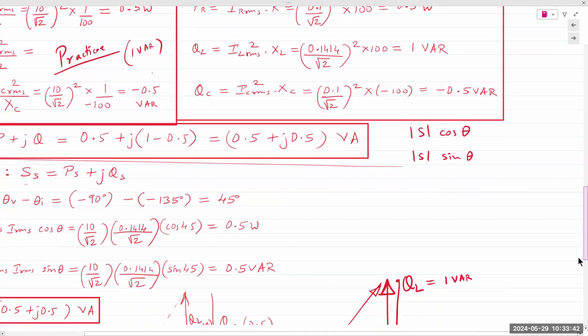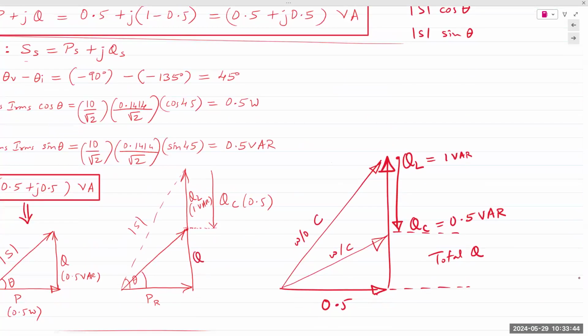In this process of designing and choosing, actually, capacitor reduces total Q required from the source.